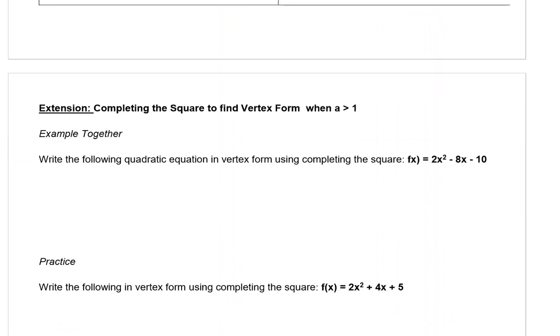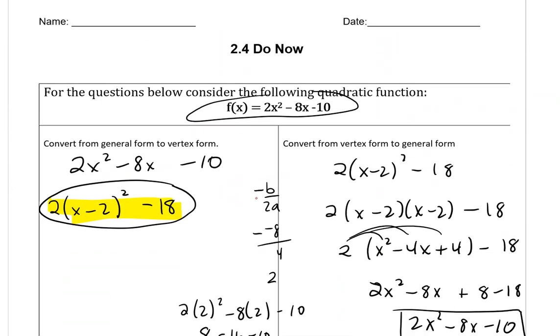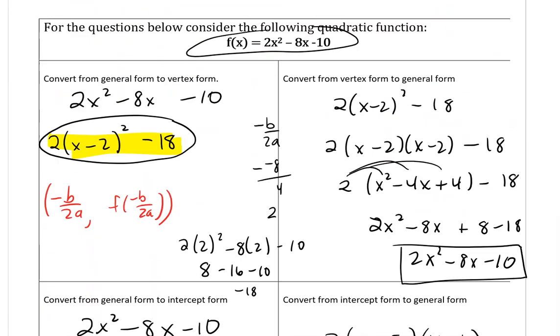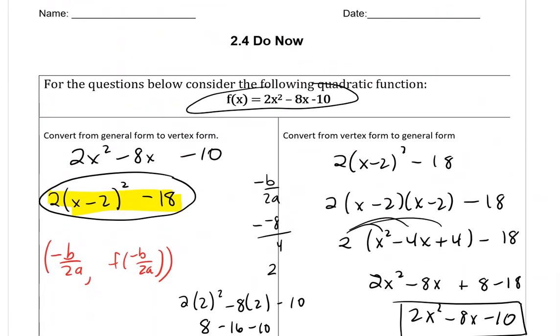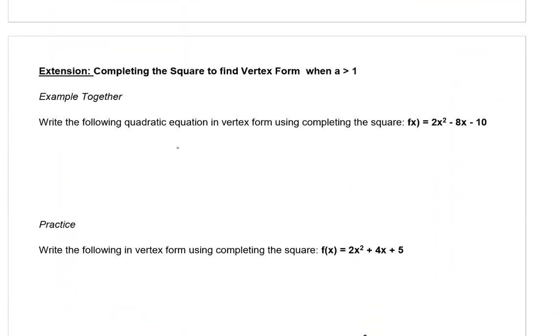We're going to complete the square in order to convert something into vertex form. So if you notice on this one, I did my negative b over 2a and then plugged it in for the y value to get into that vertex form. Works! A little cumbersome. So I'm going to do this snazzy thing called completing the square with it.